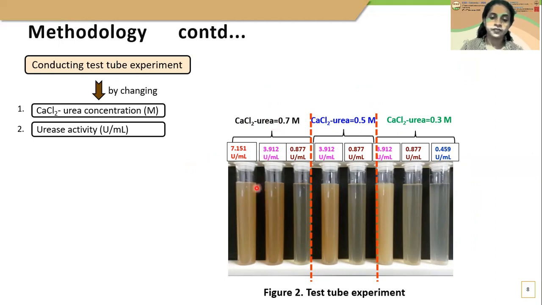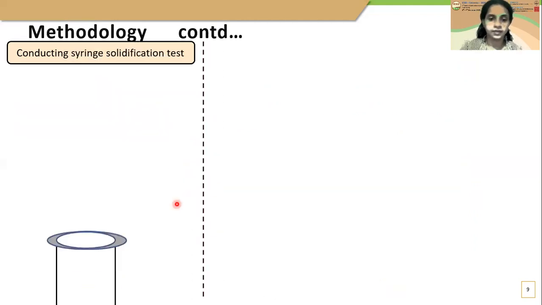Actually, the purpose of this test tube experiment is to understand, when we use this solution with this concentration for sand solidification, what happens inside the sand specimen. To understand that, we conducted this test tube experiment using polypropylene test tubes.